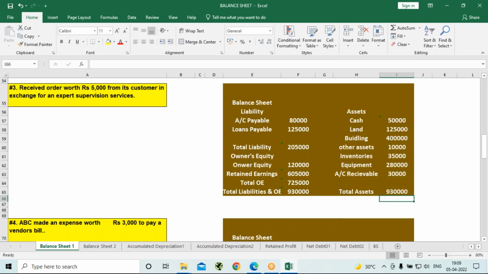Yes. You can see the difference in the values. We have increased the cash and we have increased the retained earnings. Fine.